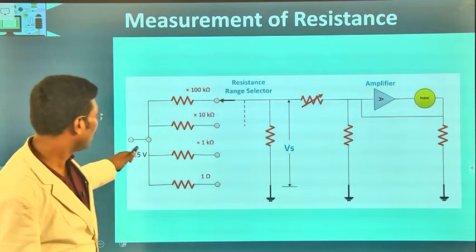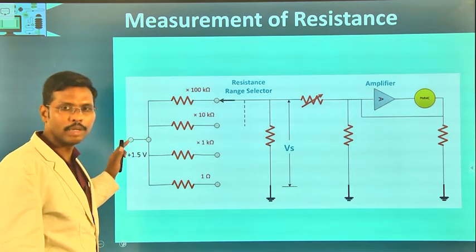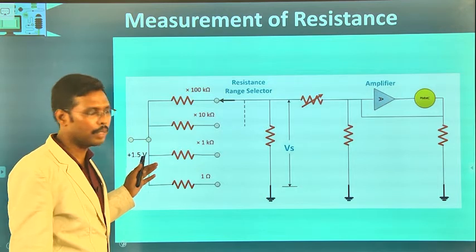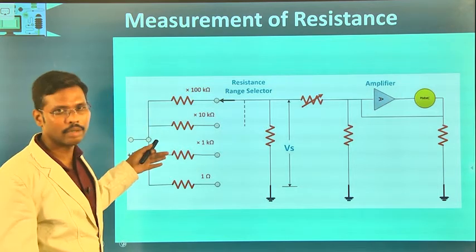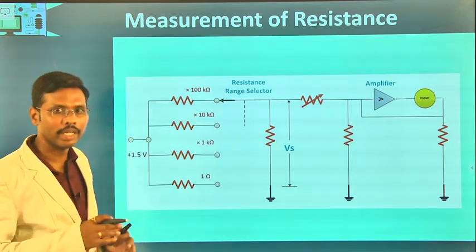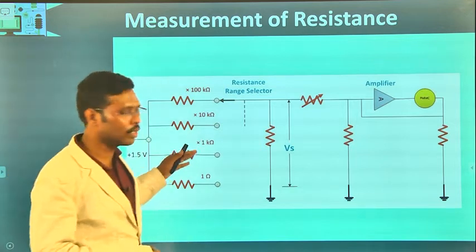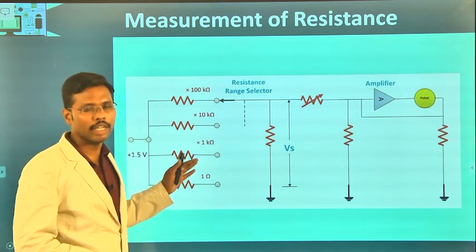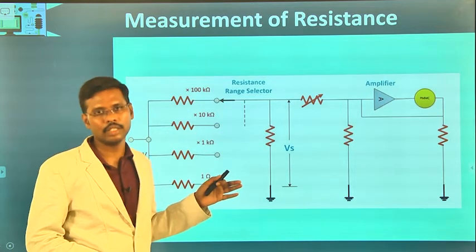We have a 1.5 volt source, which is an inbuilt battery connected inside the multimeter, and we have a number of range selector resistors. Whenever we connect an unknown resistance within the circuit, the circuit is completed and a voltage drop will exist across this resistor.